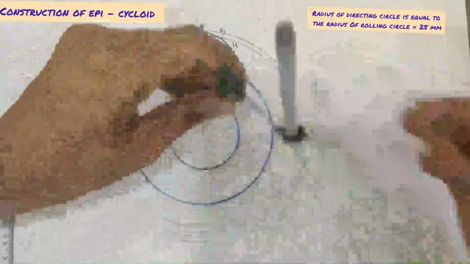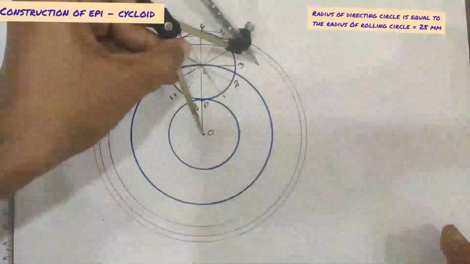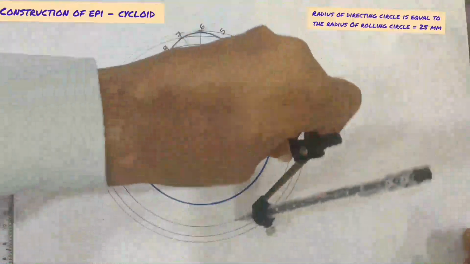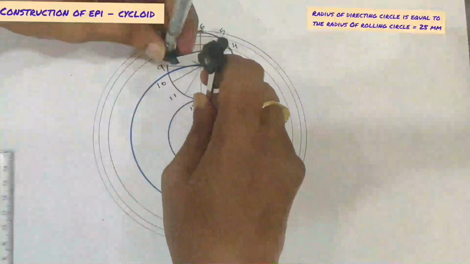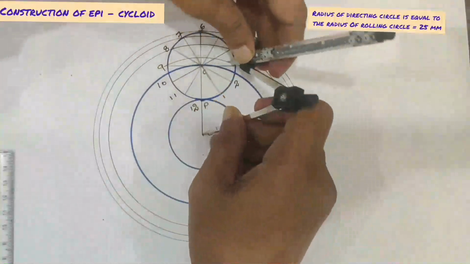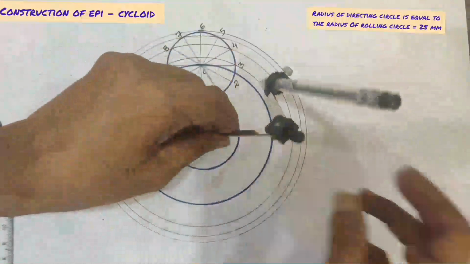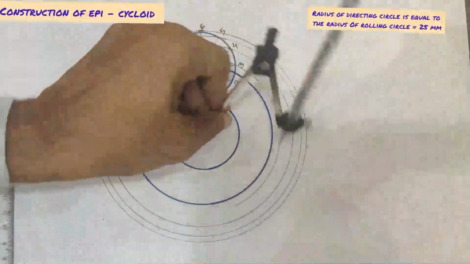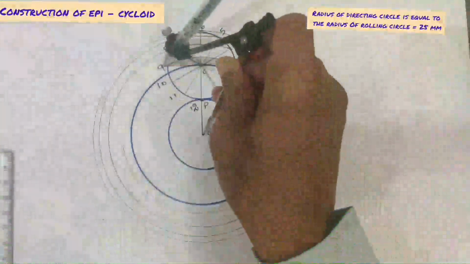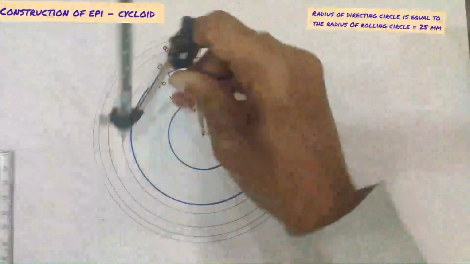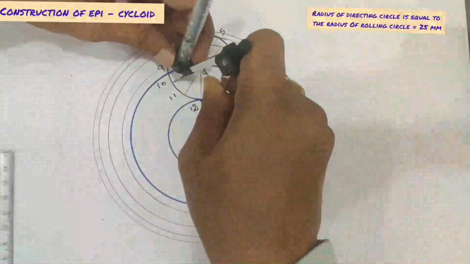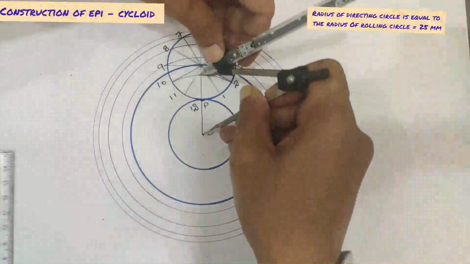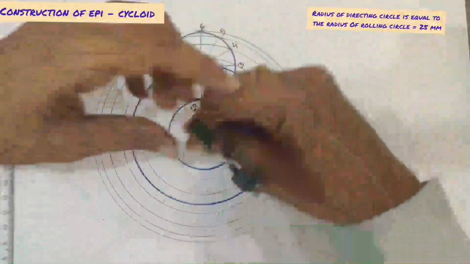Draw circle parallel to the directing circle. Next, O3 and O9 as a radius. Draw circle parallel to the directing circle. Next, O2 and O10 as a radius.